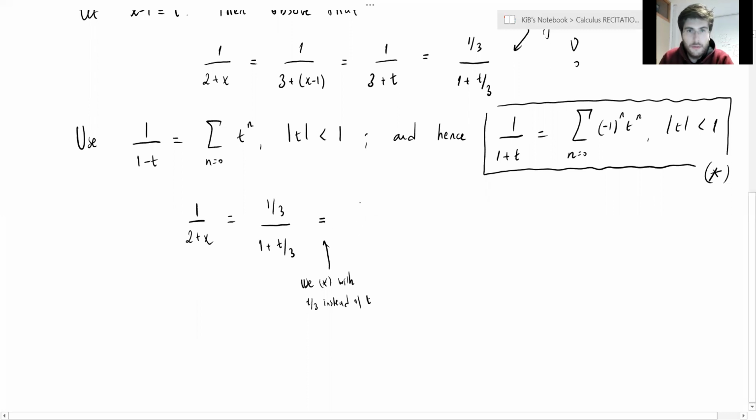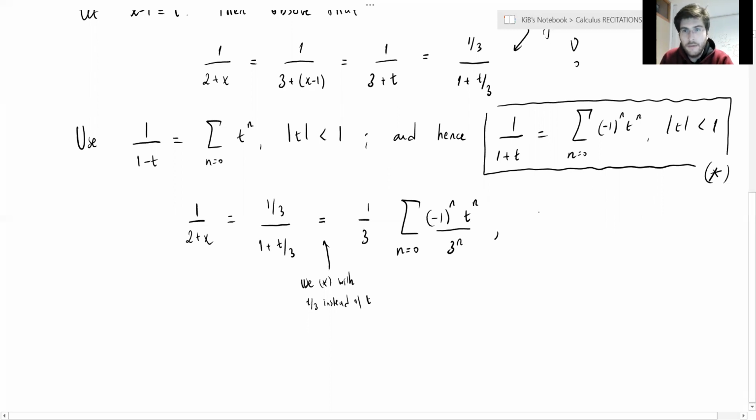So what is it? We have this: n starts from 0, minus 1 to the n. Instead of t, we have t over 3, so we have 3 to the n here, right? Am I correct? I guess so.